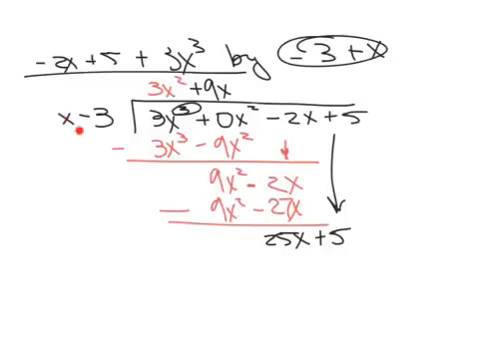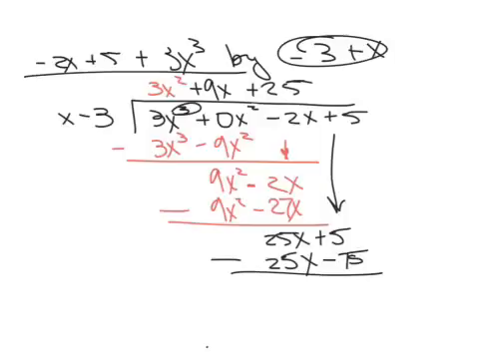And I get x goes into 25x 25 times. Okay? 25 times x gives us our 25x back. 25 times negative 3 is negative 75.